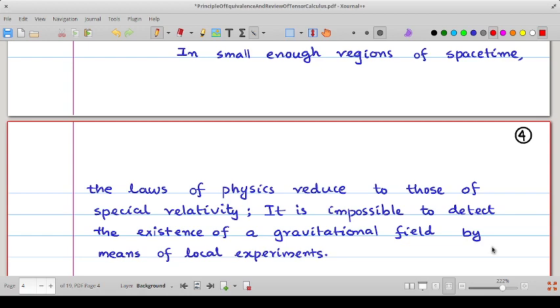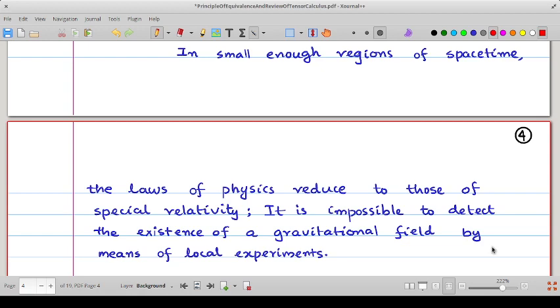And therefore, we have to abandon the idea of gravity as a force that produces an acceleration. Instead, we can have another idea, and that is the idea of inertial trajectories or freely falling trajectories.